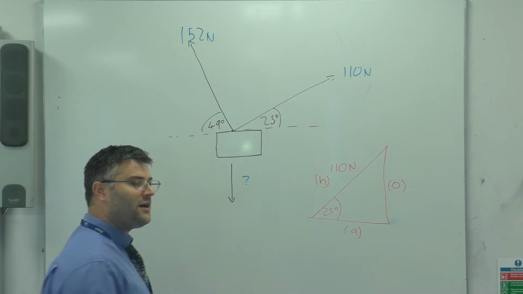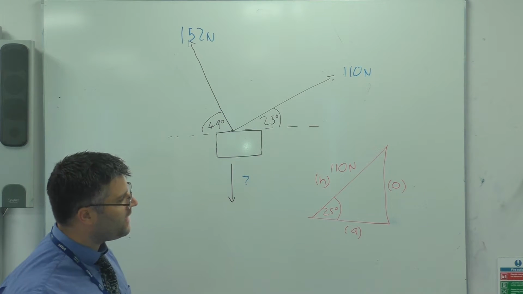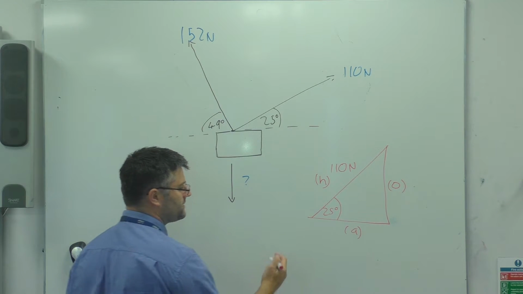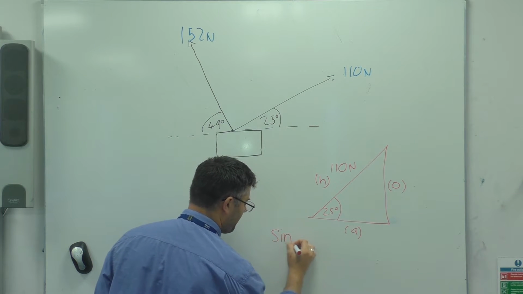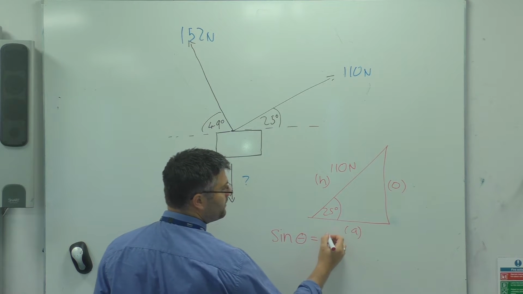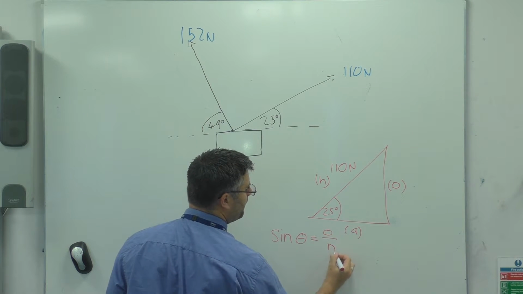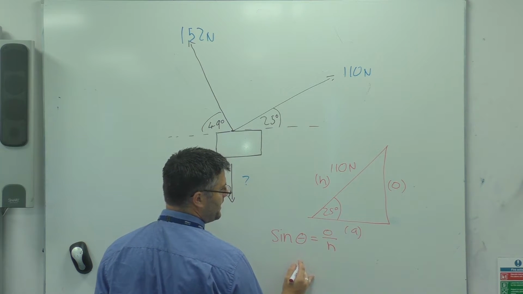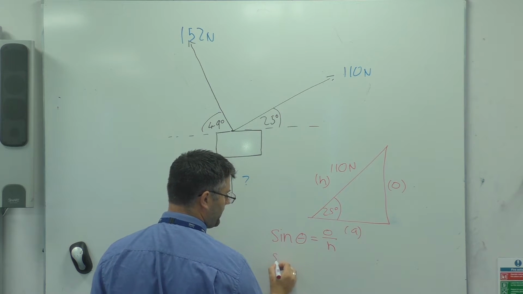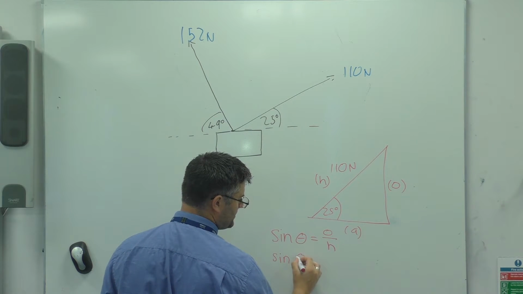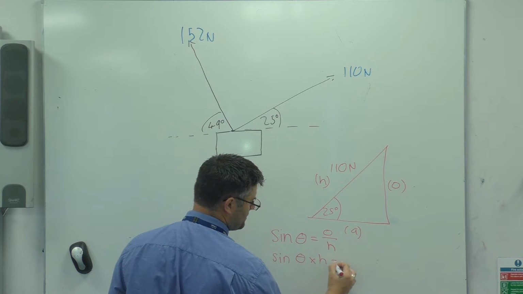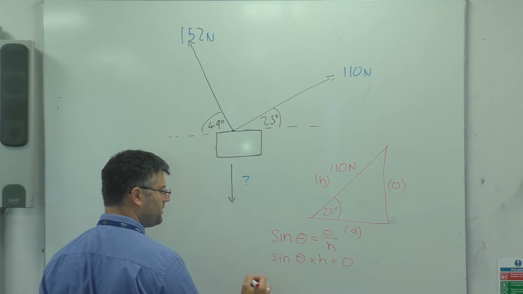So which part of trigonometry am I going to use? I'm going to use sine. So I'm going to use sine theta equals the opposite over the hypotenuse. In this case, we're going to say sine theta times by h is going to be equal to the opposite.